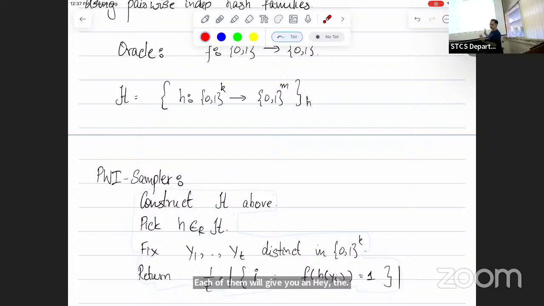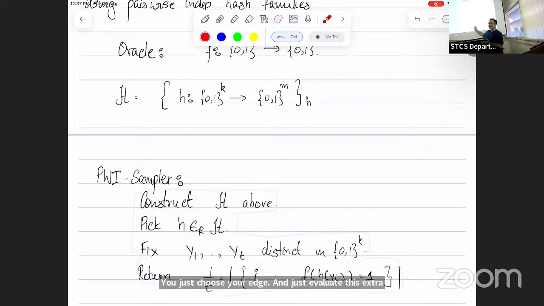Let me just go over it again. The hash family is something where the input domain is some nonsense. The input domain has at least t elements. That's all you should care about. The output domain is {0,1}^n, which is the same as the domain of your function. I want to think of the truth table of the hash function as my t samples. What's the truth table? You just choose your h and evaluate it at these t different points.